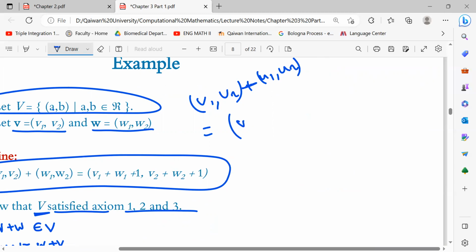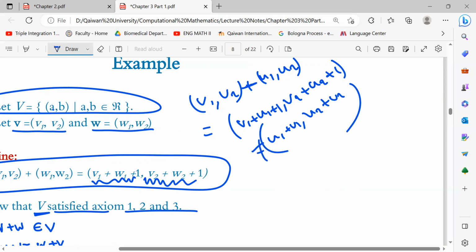It is V1 plus U1 plus 1, then V2 plus U2 plus 1. As it's given here, we must use this definition. We don't say it is U1 plus V1 and U2 plus V2. It doesn't equal this, because here the definition is given.